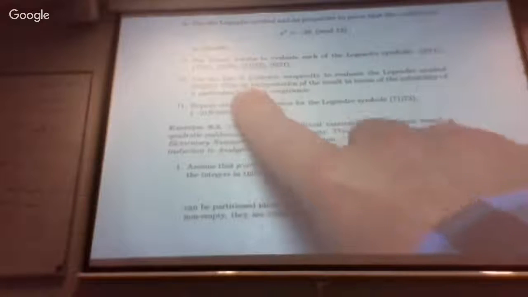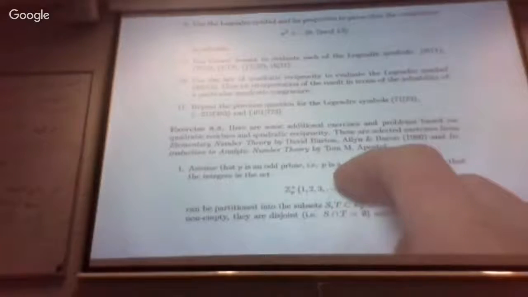So I'll take the first one here. This is in exercise 8.5. You should be aiming to deal with all of these questions as part of covering this topic. I've asked a number of questions here about practicing the evaluation of more or less arbitrary Legendre symbols.